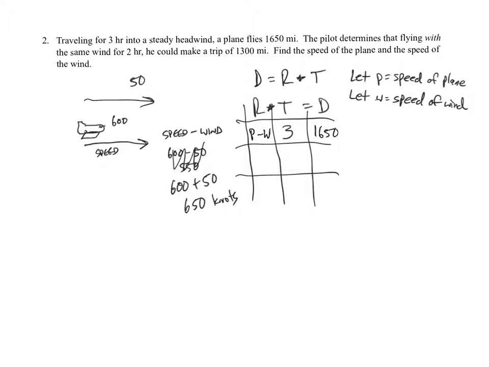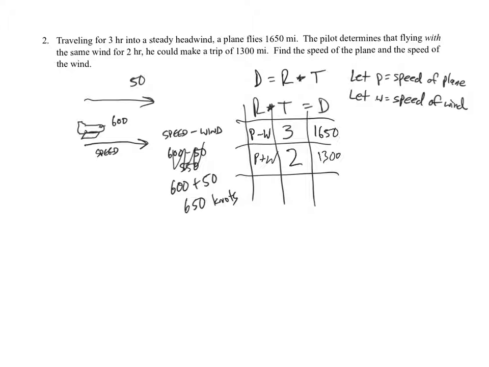It travels for 2 hours, flying with the same wind, and they can make a trip of 1,300, so that fills in there. When you're flying with the wind, your speed is P plus W. Wind could be a current, like a boat in a river traveling with or against the current, same thing. If you're traveling with it, you add the speed of whatever fluid you're traveling through. If you're going against the current, you subtract the speed of that.